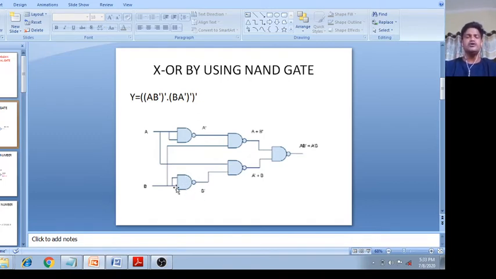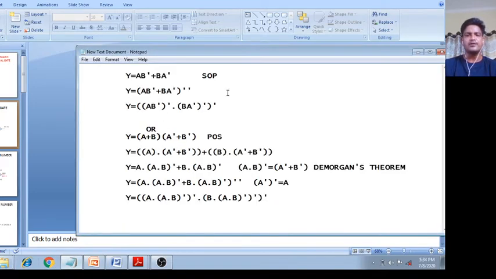So what you will do, you will try to avoid a single A dash or single B dash. A dot B whole dash, there is no problem because A dot B whole dash is a NAND gate. You have to avoid individual complements. So how will you think about it?